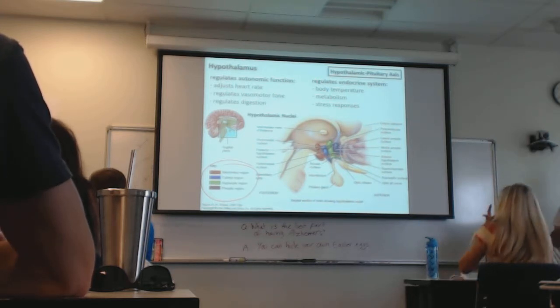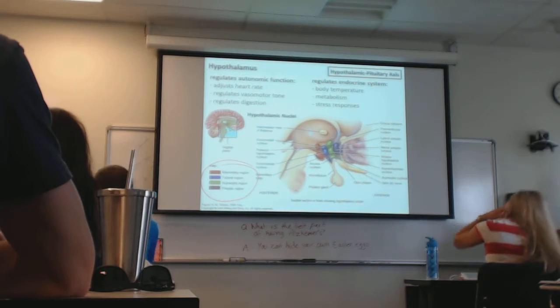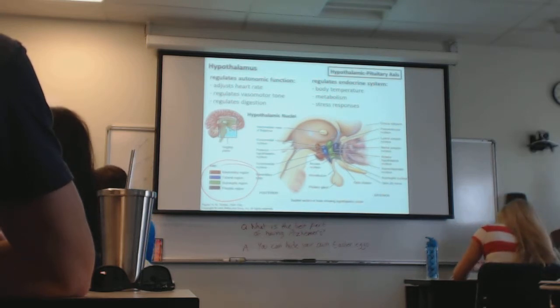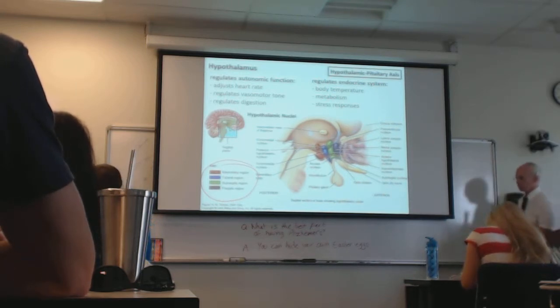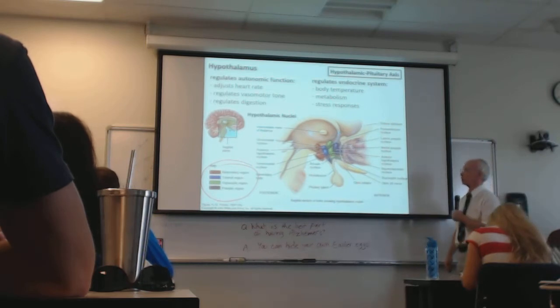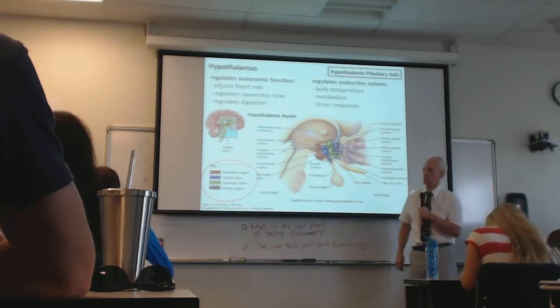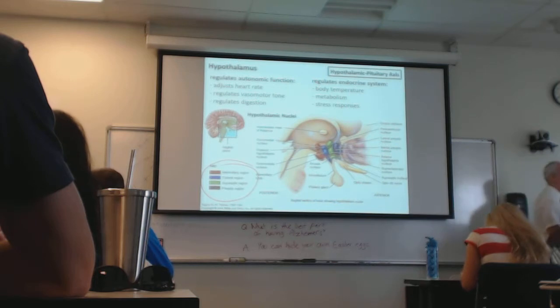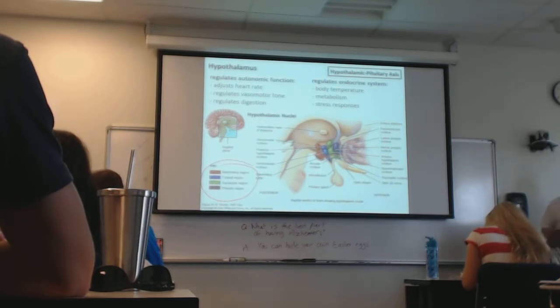And just remember all the things that the hypothalamus is doing. We talked about this before, either through circuits, its connections with the autonomic nervous system or the endocrine system, and you can see the putative division of labor up there at the top. The hypothalamus plays a role in regulating heart rate, vasomotor tone, digestion.